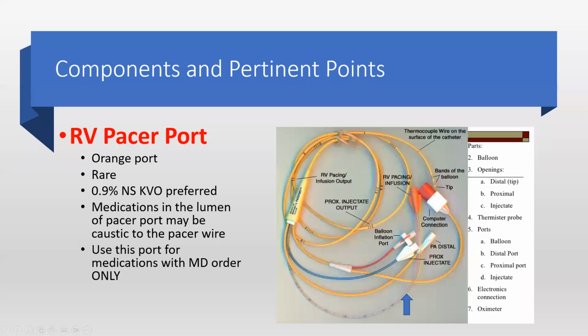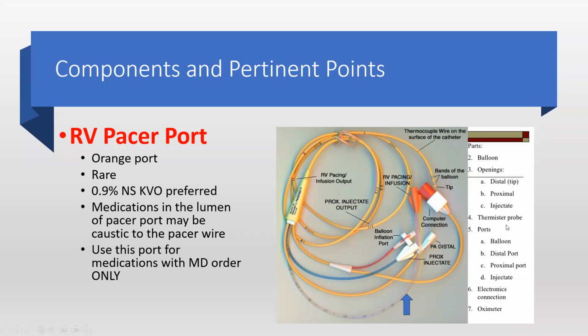All right. The last port that we're going to talk about is the right ventricular pacer port. Not all the catheters will have this, but this is an optional port in the event that the patient has a high risk for the development of a bundle branch block or a pre-existing bundle branch block, so that you would have a standby to make sure that you have continuous electrical stimulation of the heart.